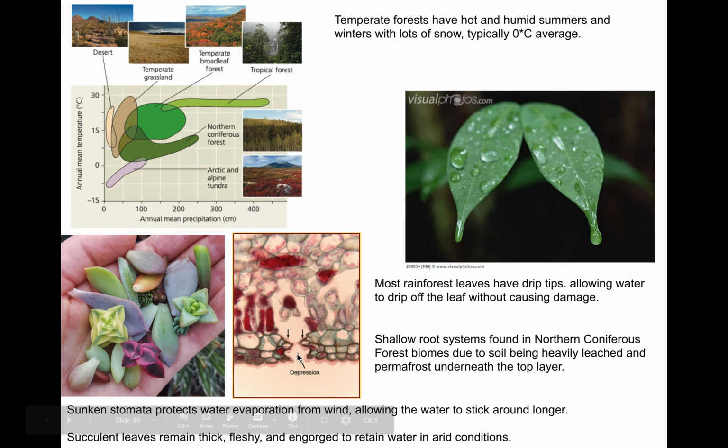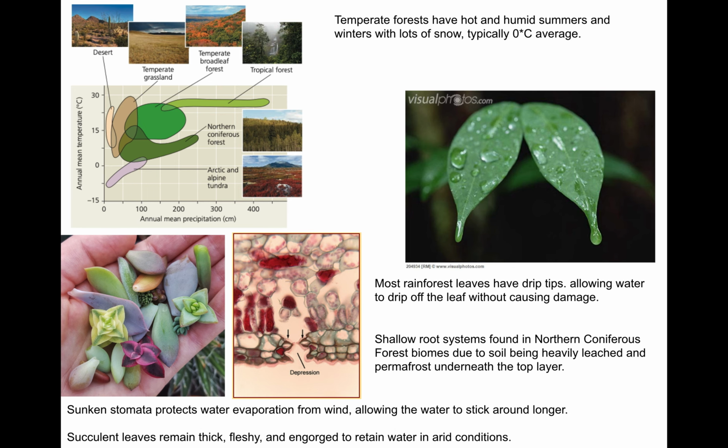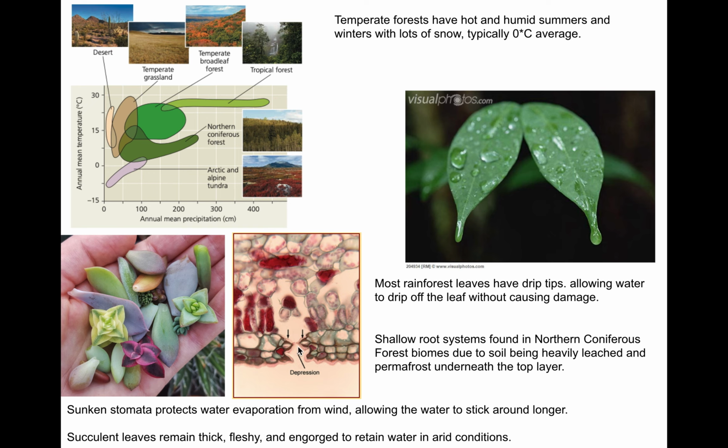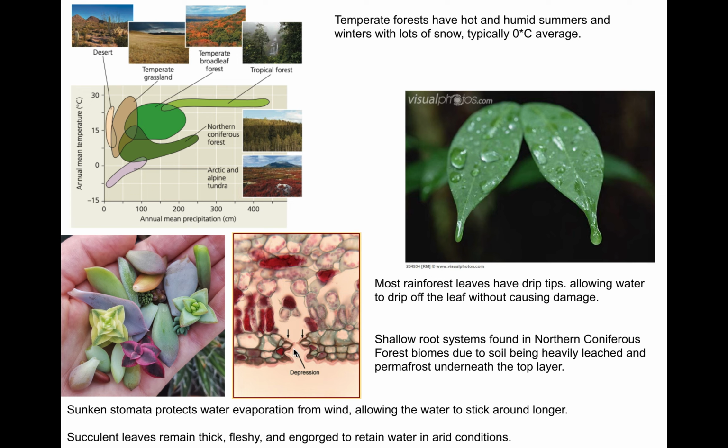And what happens is you've got this little depression, and this actually helps protect the stomata from high winds. So when you do have water evaporation, you don't have wind pulling the water out faster. And also when water molecules pool right here, it helps them stick around a little bit longer in case they need to get reabsorbed.